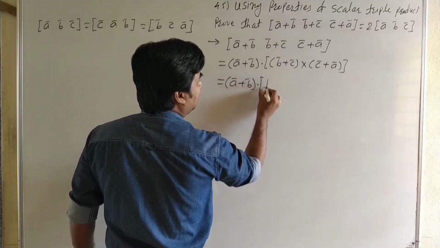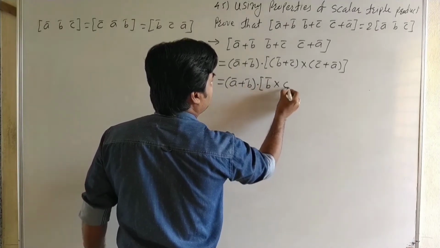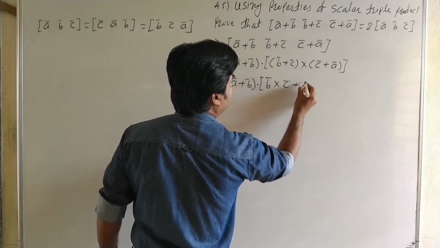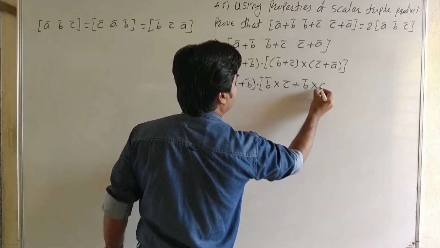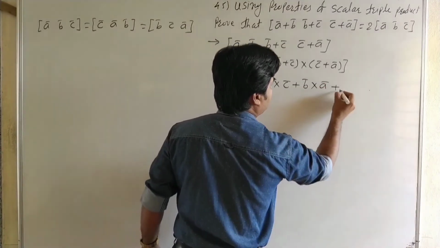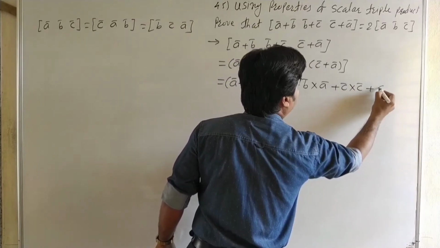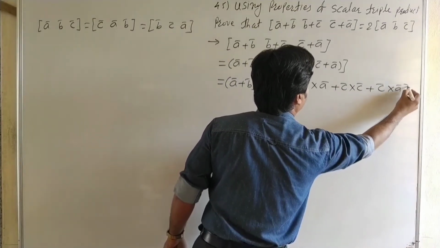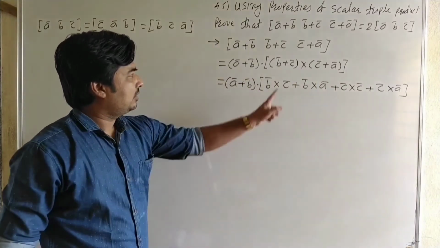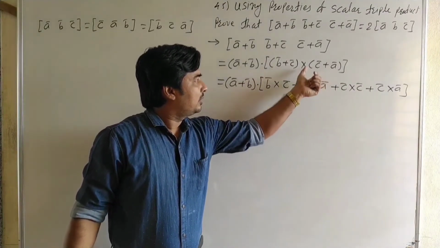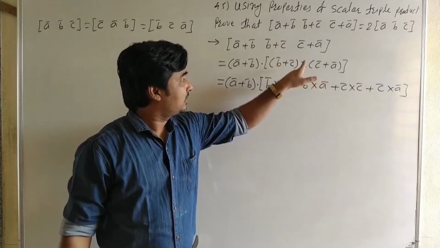Okay, here b bar cross c bar plus b bar cross a bar plus c bar cross c bar plus c bar cross a bar. Simple, take the multiplication of these two brackets; here it is a multiplication of vectors and it is a cross product.